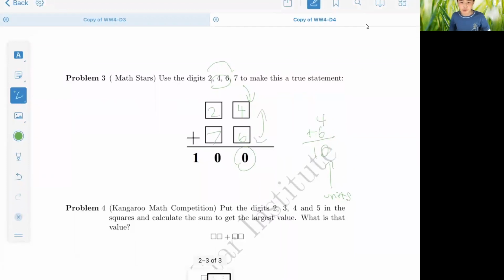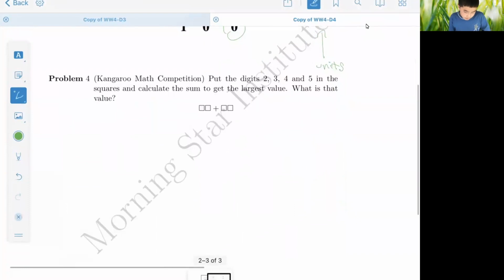It's the same value. For problem number 4, put the digits 2, 3, 4, and 5 in the squares and calculate the sum to get the largest value. What is that value? First of all, we want these two biggest numbers to be the tens digits, right? Because we want the largest numbers to be in the tens digit. So they are more useful in making the sum the largest value.